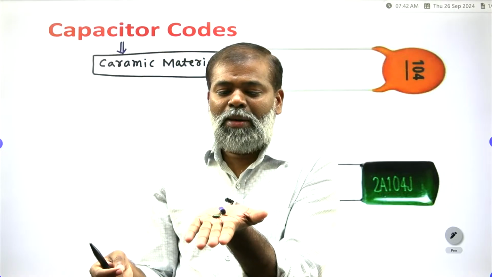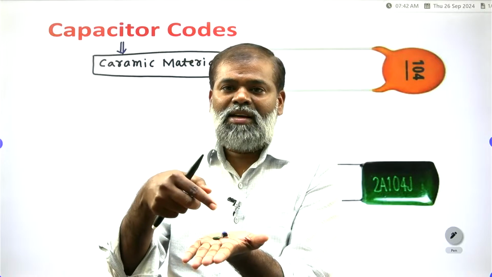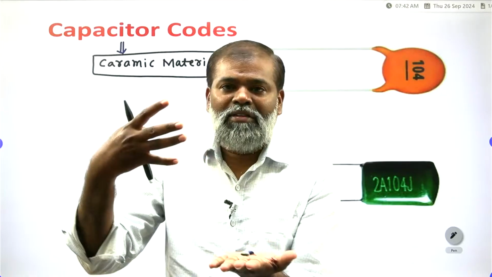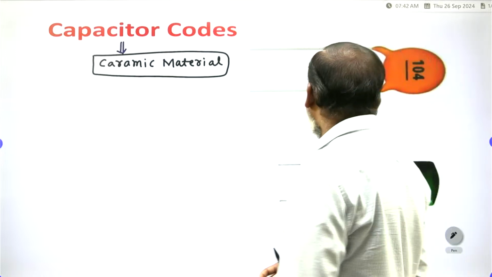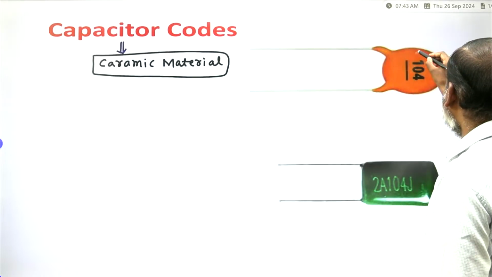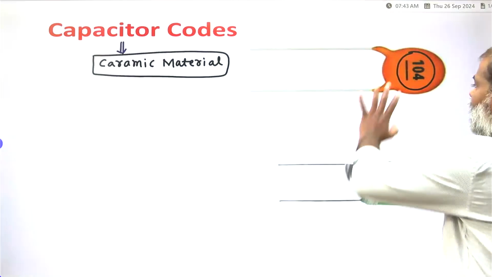Now you have to see the capacitors. I showed you three varieties of capacitor, and many more varieties are there nowadays. In your laboratory, first you have to see that the 104 number is there. This is one variety of the capacitor.